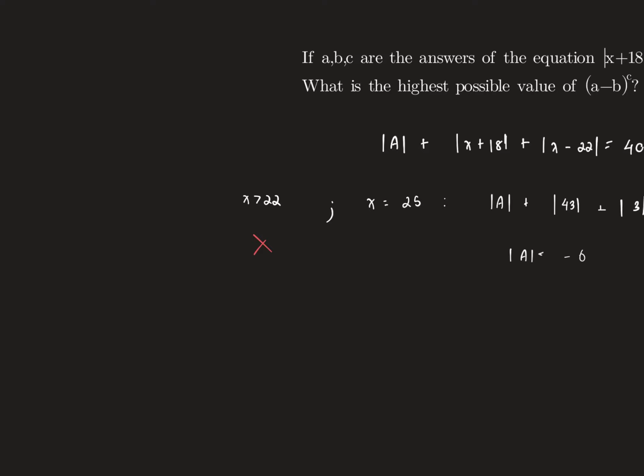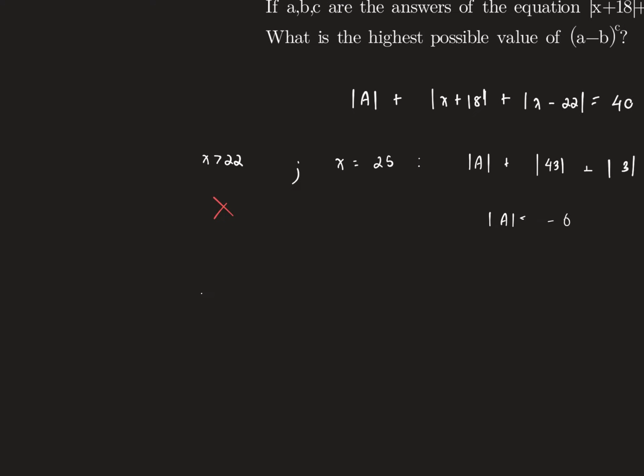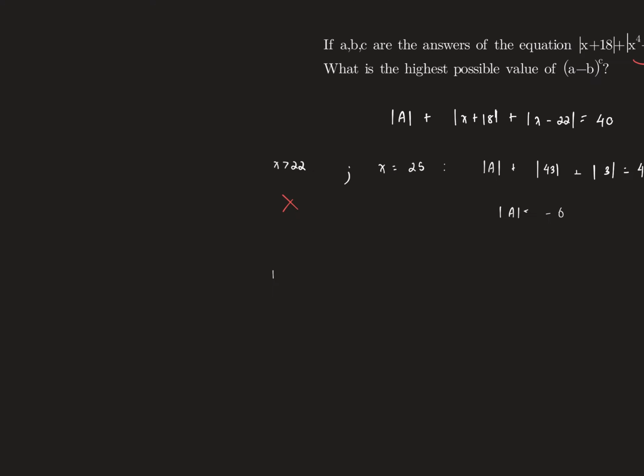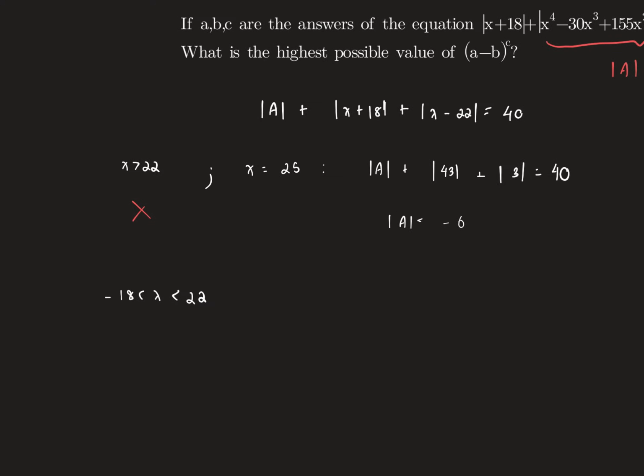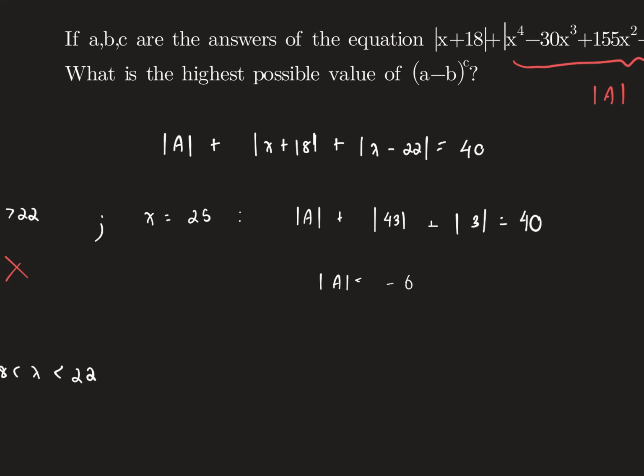On the other hand, if we try x between negative 18 and 22, because we need to divide it into three groups. The first one being x more than 22, which is here. The second one being x less than negative 18, which I will write later. And the third one being x with values between negative 18 and 22.